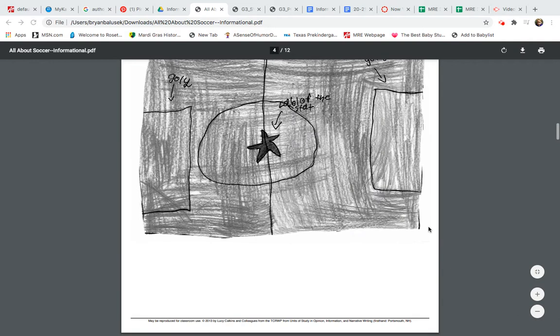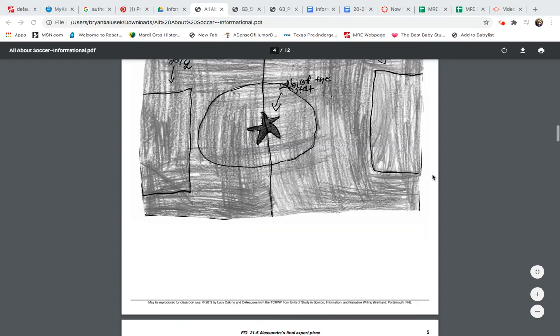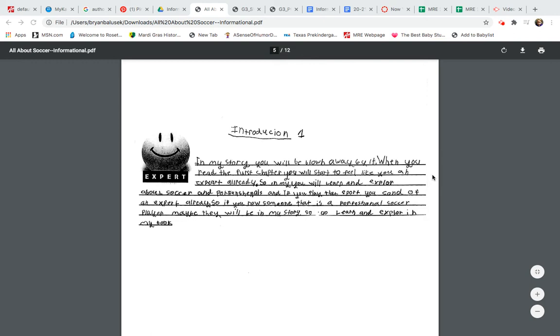Okay. I have another picture. This time my picture is labeled, so maybe this is like a diagram. And then I have my introduction or chapter name. In my story, you will be blown away by it. When you read the first chapter, you will start to feel like an expert already.